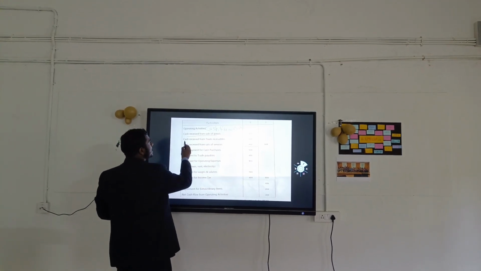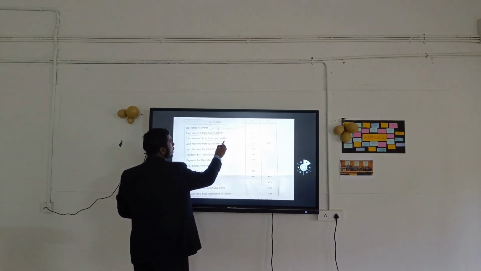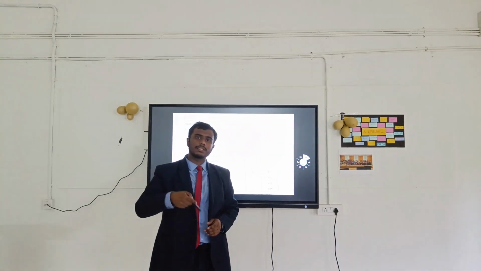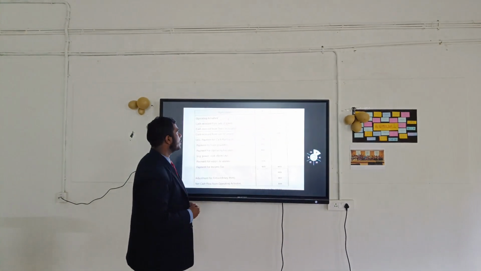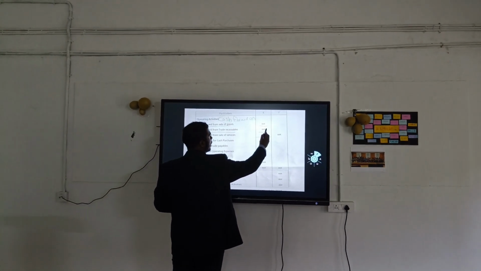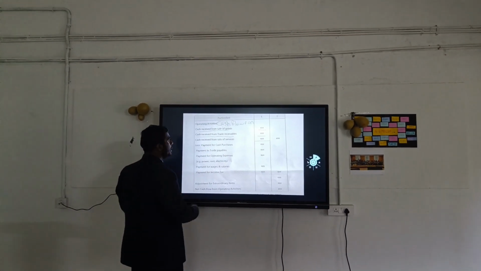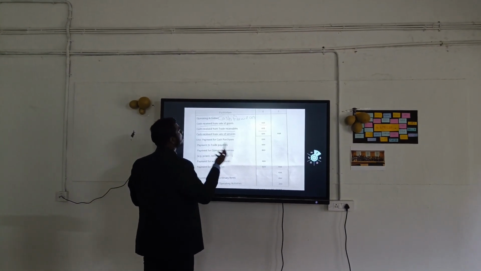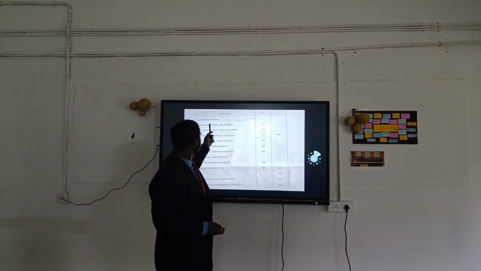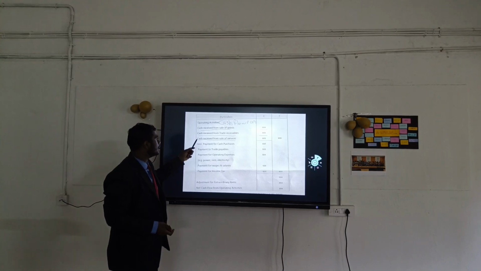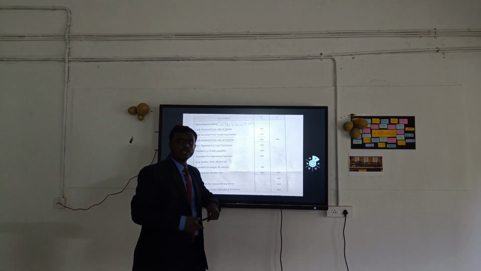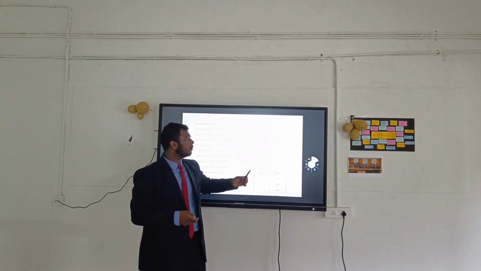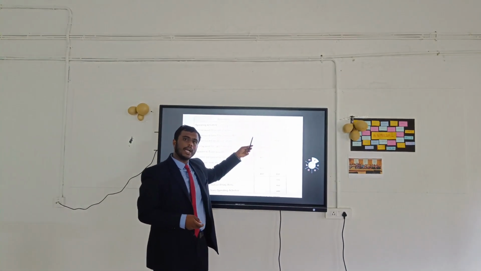Next is cash received from trade receivables, also written in the inner column. Next is cash received from the sale of services. In these three cases, the cash is all coming into the business, so we should add these three items.